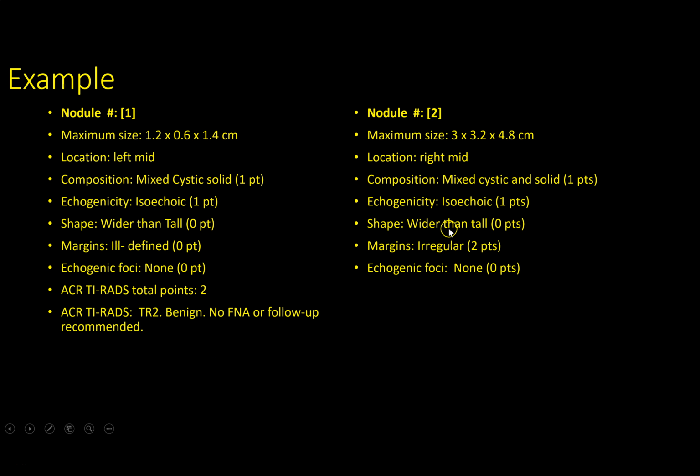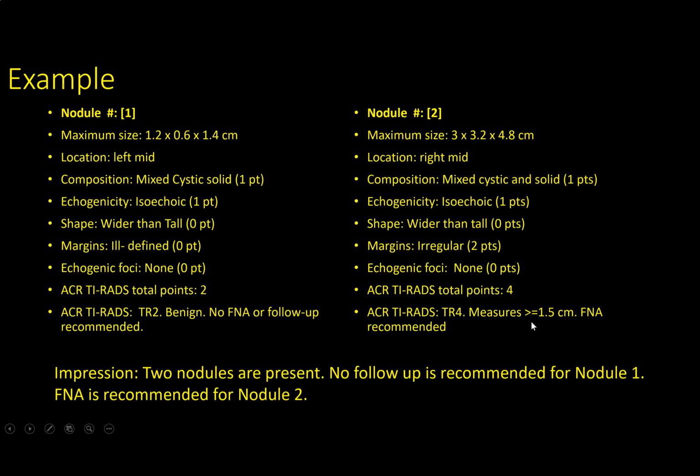Again, for nodule 2, give the size dimensions, location, characteristics. I will add this up in my head, and I will click the 4 points. And then I will have another drop-down menu where I would click 4 points, and it will automatically populate based on the size.